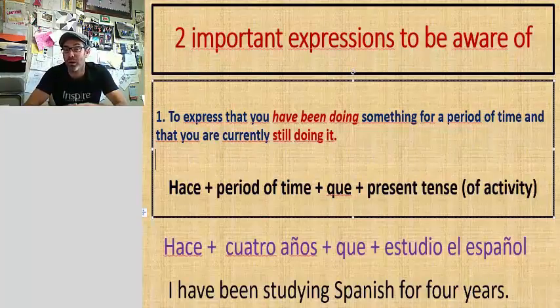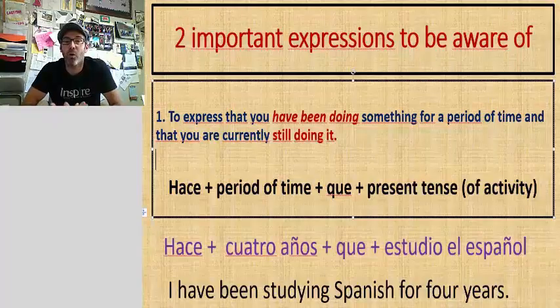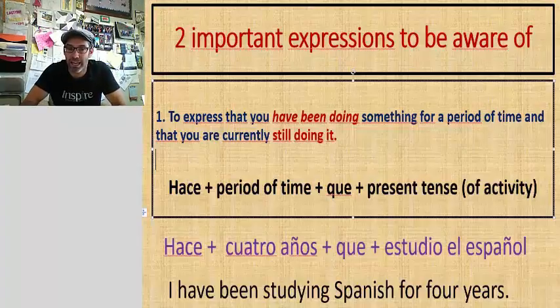So basically the way that is relevant to the present is that since I'm still alive, I've had 4 years of studying Spanish under my belt, and it leaves it open to the present for me to possibly continue to study. However, it does not convey what I really want to convey, which is I have been studying Spanish for 4 years, and I'm currently still studying Spanish. That is the big difference there.